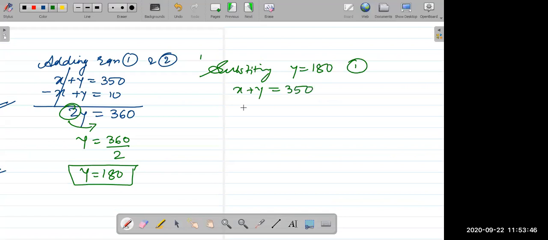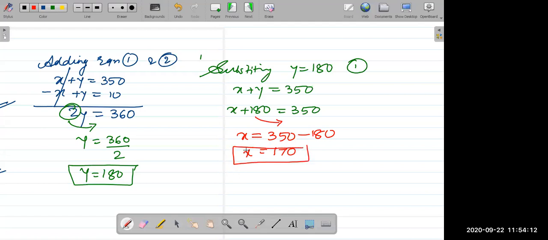We replace Y with 180. That will give us X plus 180 equals 350. And the positive 180 will move to the other side, that would be minus 180. 350 minus 180, and that will give us the value of X. That is X equals 170.